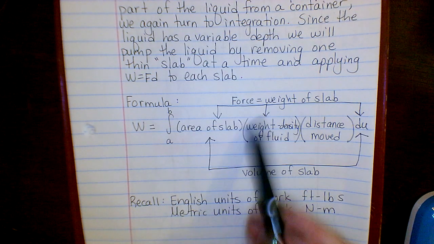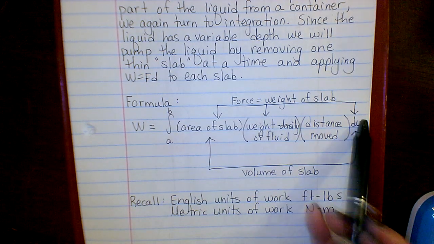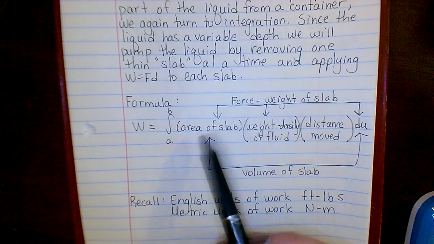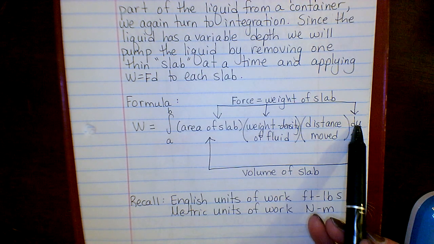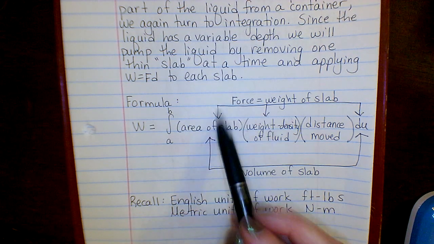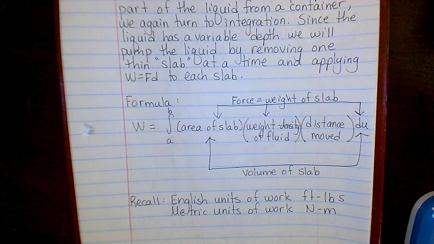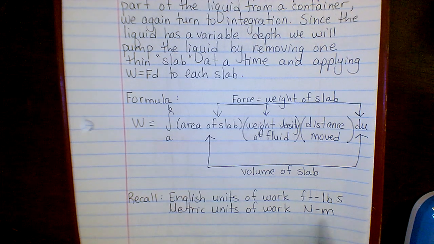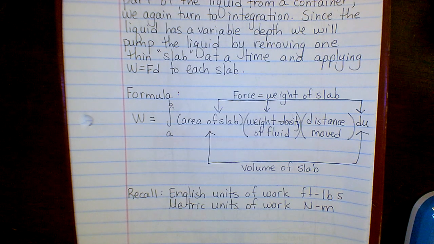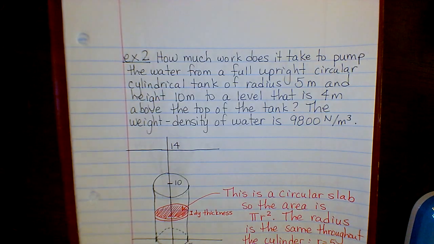And then when I throw the weight density in there, these three together make up the total weight of the slab, because this is how much volume the slab holds, and here's the weight per unit volume. So that's going to be my force, and then of course that's my distance. Remember, the English unit of work was foot-pounds, and the metric unit was Newton-meters. So let's just dive into our first example.